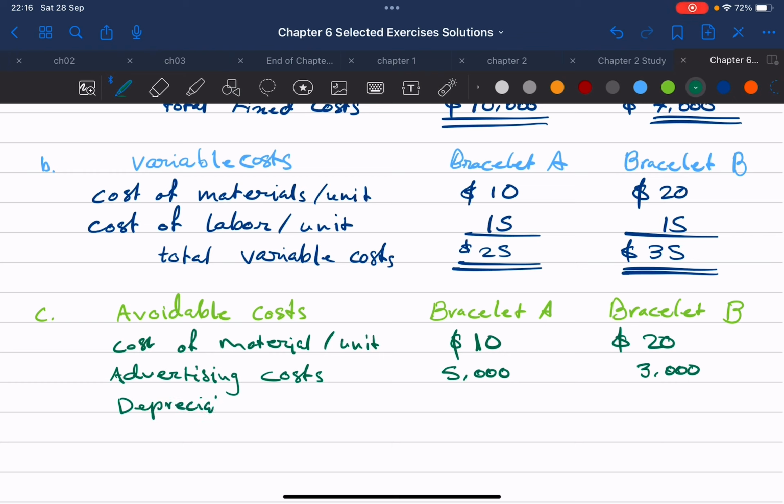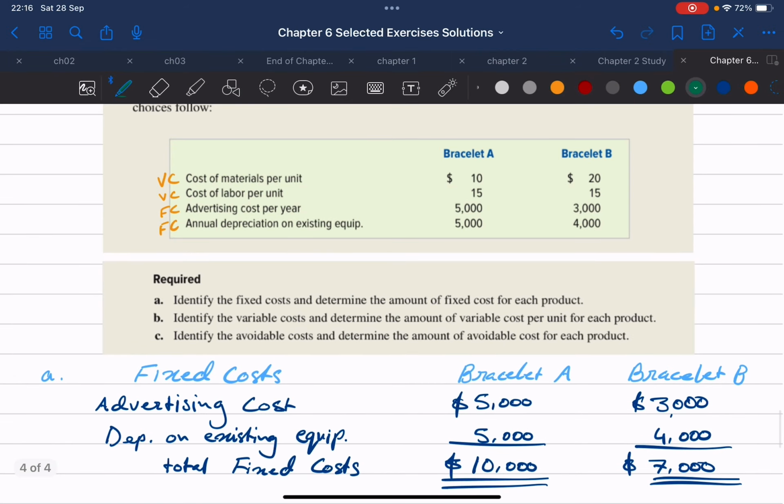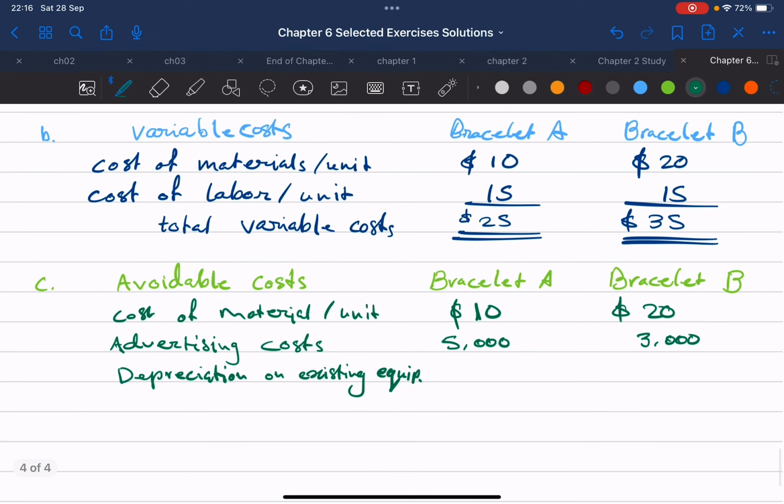Depreciation on existing equipment. And that was 5,000 under A, 4,000 under B.